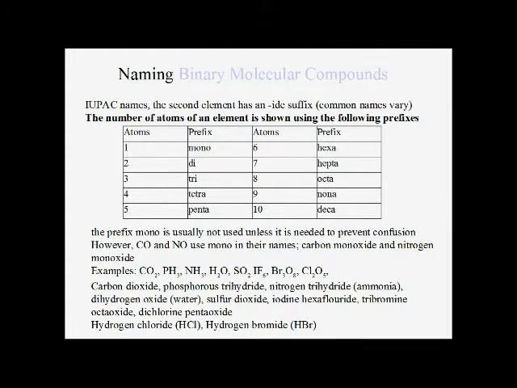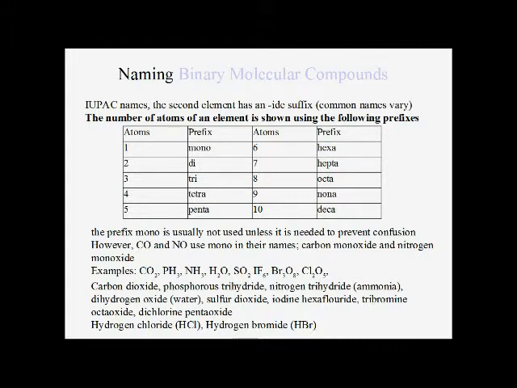PH3, phosphorus trihydride. Hydrogen is second, so it gets the IDE suffix on it. NH3. This is ammonia. The systematic name would be nitrogen trihydride, but this is a common chemical, and we will use the common name ammonia.